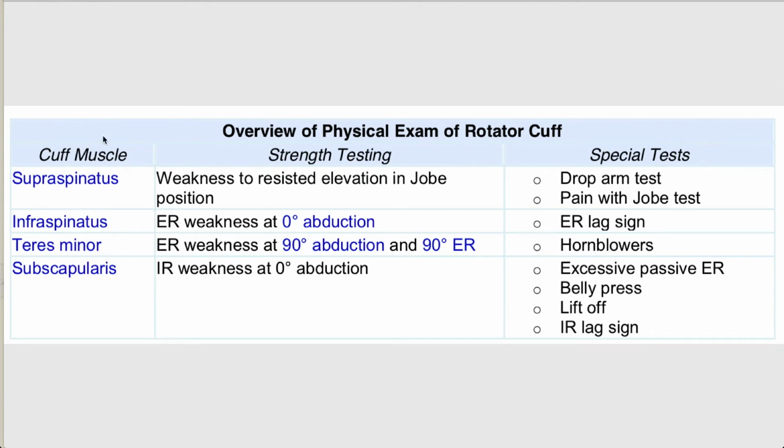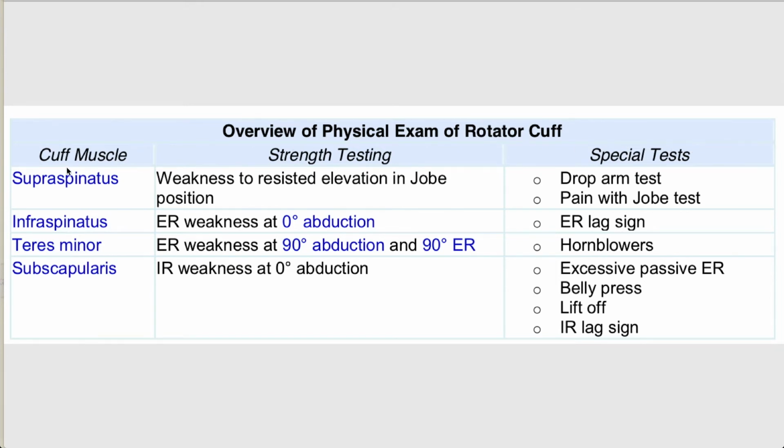So in doing a good physical exam for the rotator cuff tear, you must evaluate each muscle individually, starting from the supraspinatus, infraspinatus, teres minor, and subscapularis. I usually do it one at a time because I do not want to mix up between all of these tendons. So I usually start with strength testing, then I do special tests.